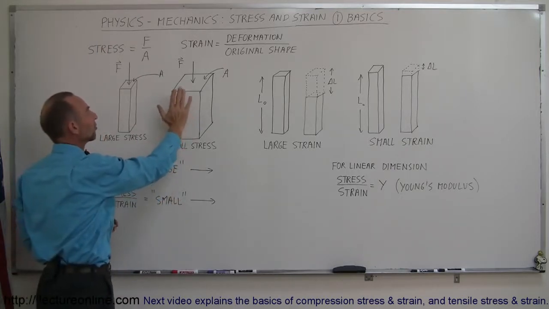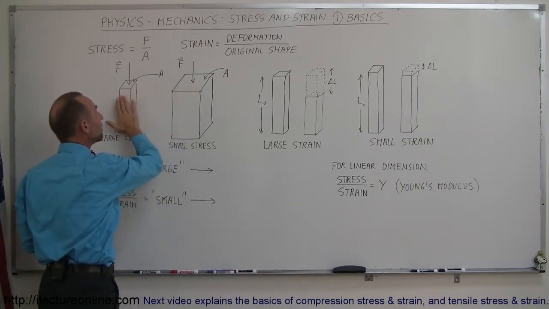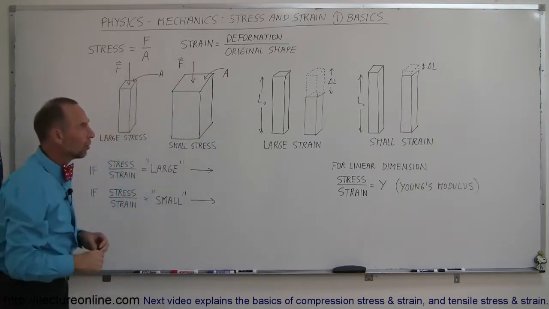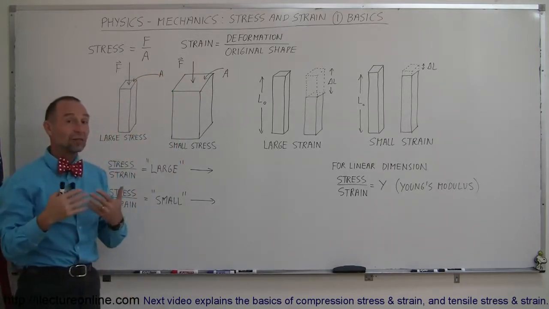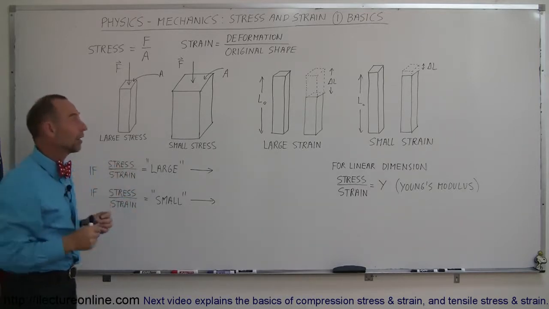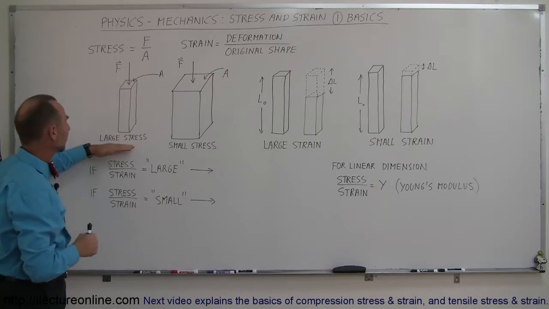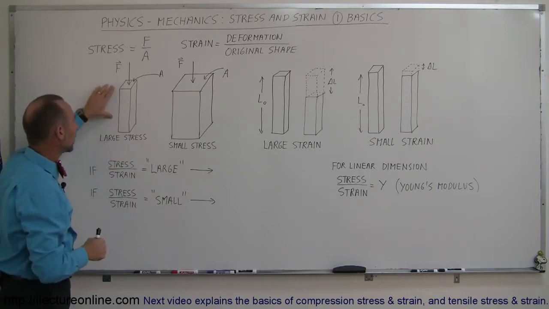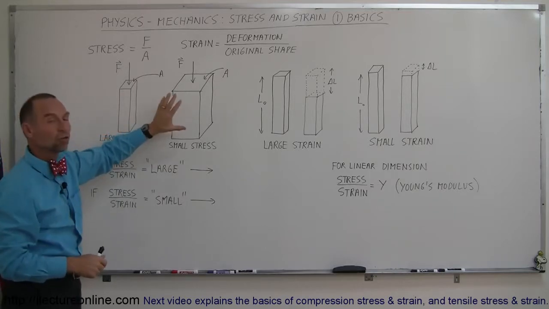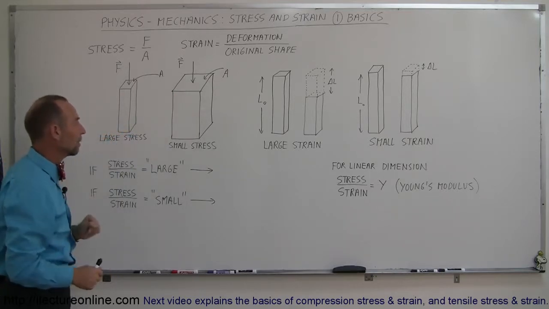So this beam is experiencing less stress than this beam, even though the amount of force applied to the beam is exactly the same. So you can see how stress is actually a function of both the force applied and the cross-sectional area of the material. So here we can see that there's a large amount of stress applied to this beam right here, and here is a smaller amount of stress applied to the beam.